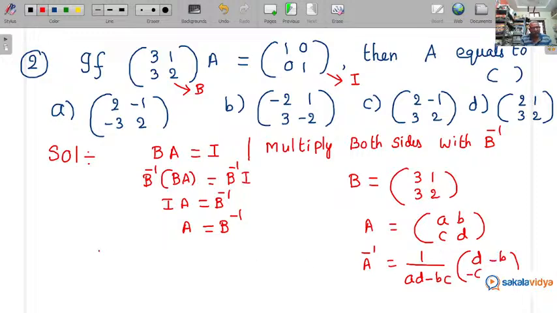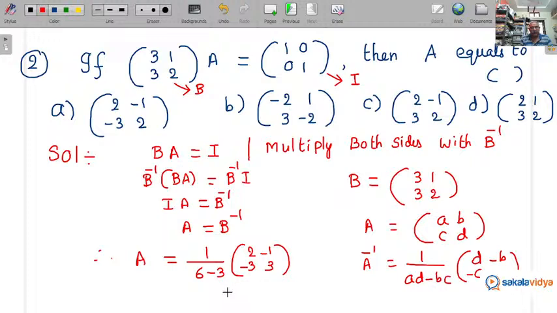In a similar manner, B inverse is 1 by (3 into 2 is 6, minus 1 into 3 is 3), that is 6 minus 3, multiplied with [2 -1; -3 3]: interchange the elements 3 and 2, and change the signs of 1 and 3.